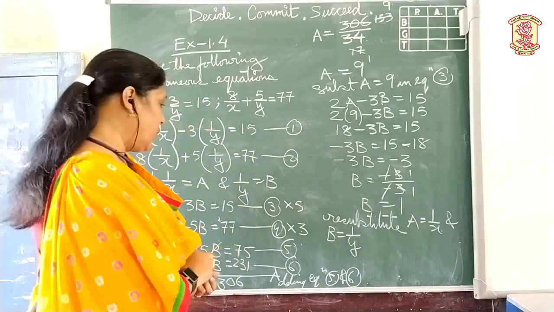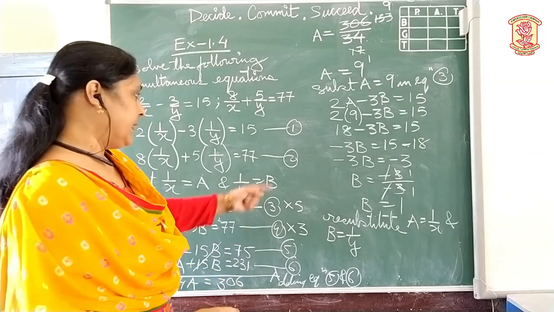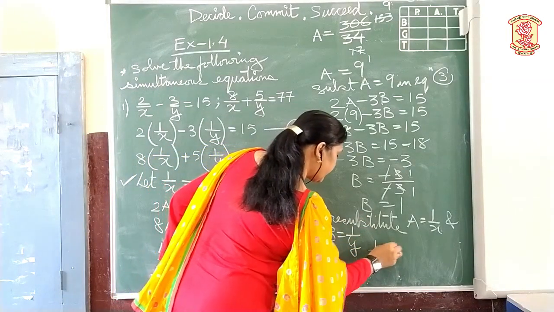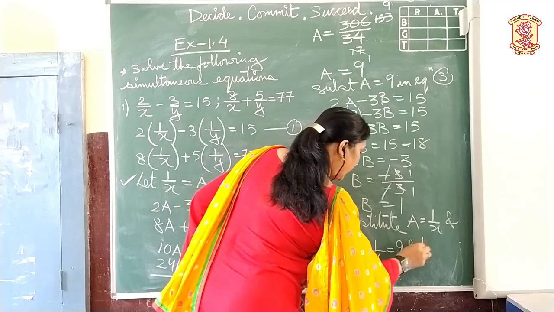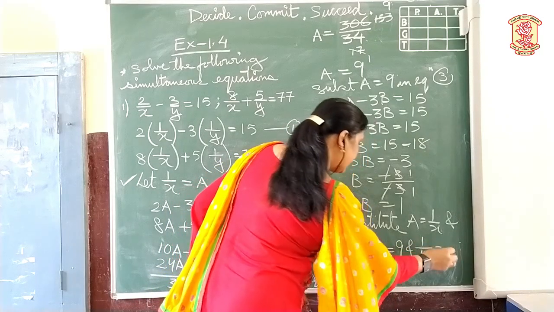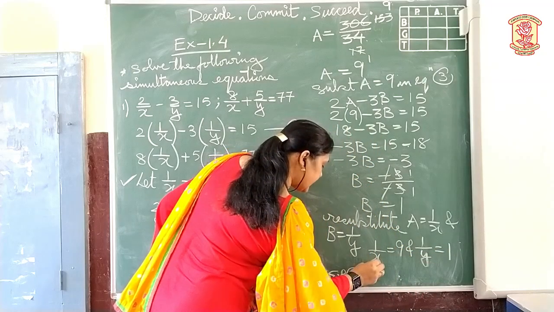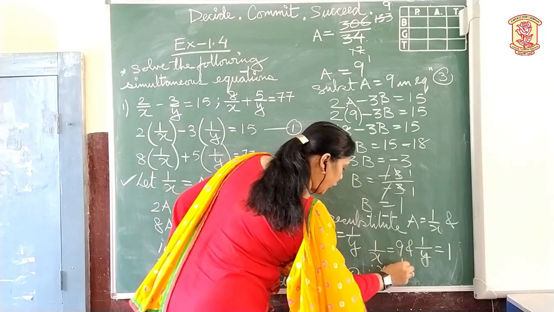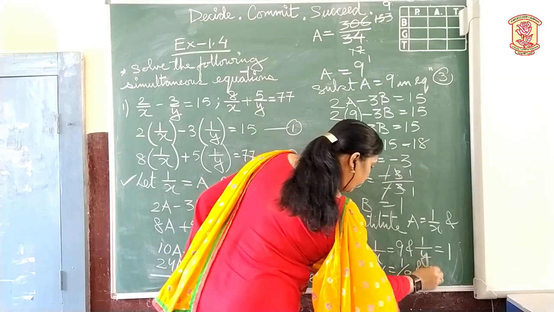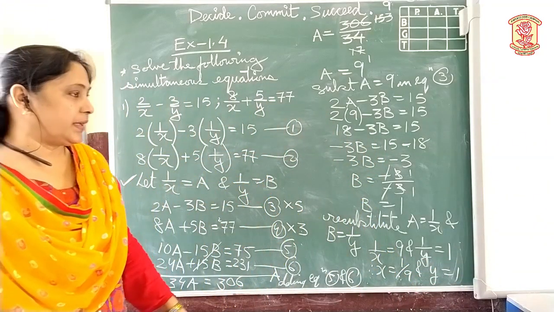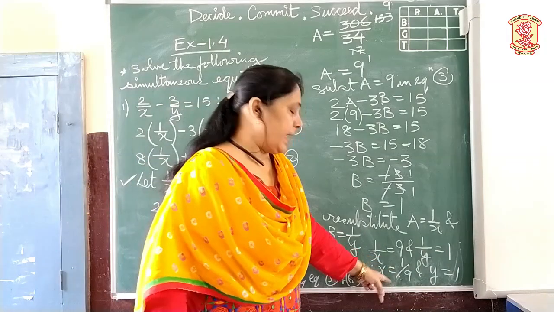So we get 1 upon x equals 9 and 1 upon y equals 1. So the value of x is 1 upon 9 and the value of y is 1. So the solution of this equation is 1 upon 9 and 1.